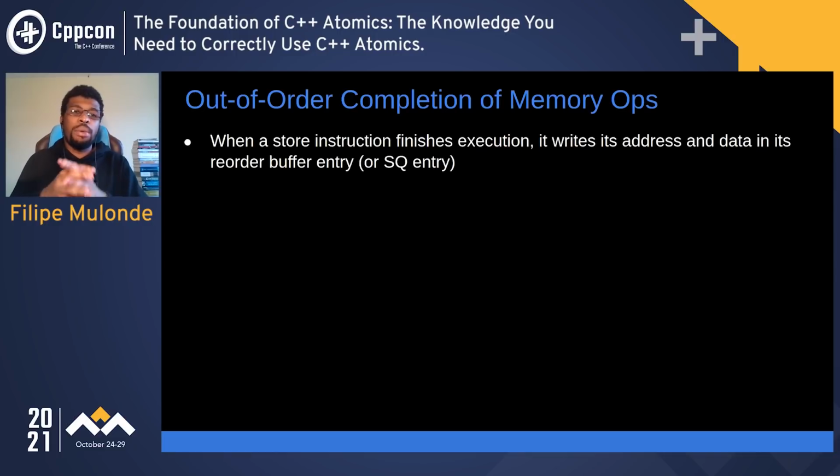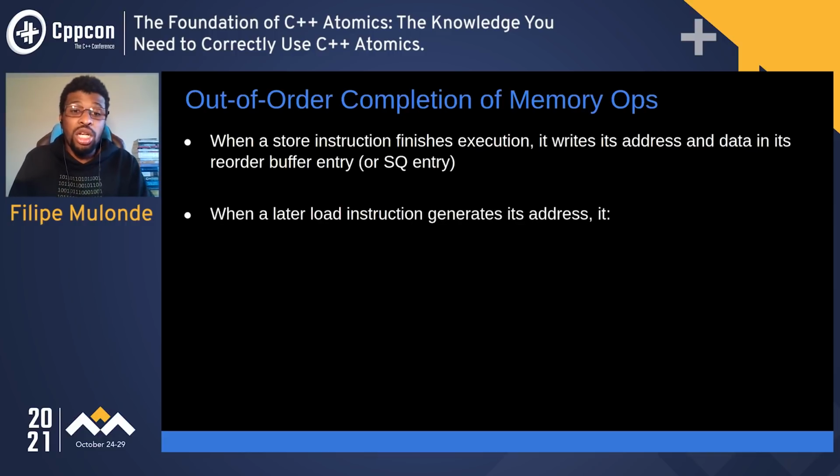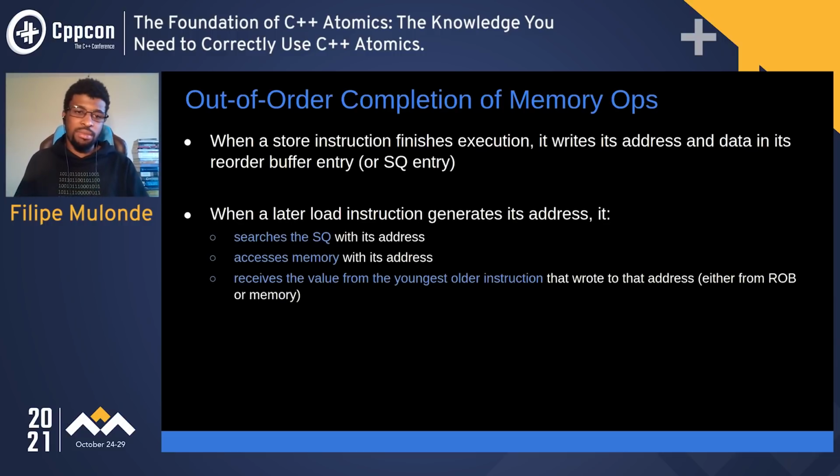Now, let's talk about out-of-order completion of memory operations. When a store instruction finishes execution, it writes its address and data in its reorder buffer entry or store queue entry. And when a later load instruction generates its address, it searches the store queue with its address.